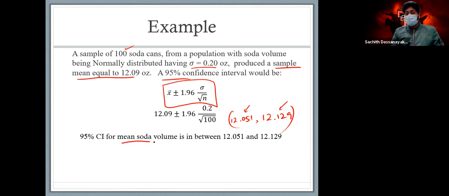For the mean soda volume, because we are using soda cans here, the mean of this soda can volume is between these two values. We don't know the exact value, but it is definitely within these two values.